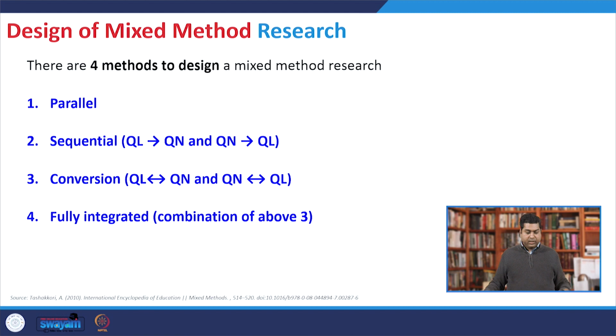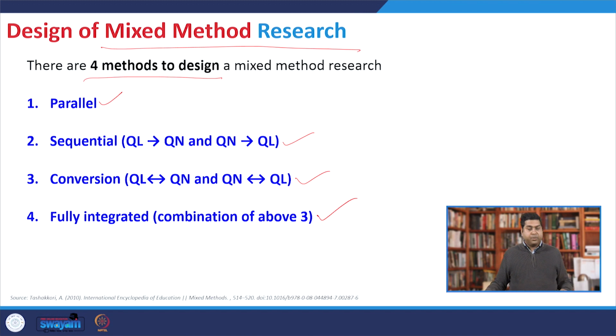With that, coming to the stage where we discuss the different types of design of mixed method research. Based on literature, what we observed is that the most common designs for mixed method research are parallel, sequential, conversion, or fully integrated.